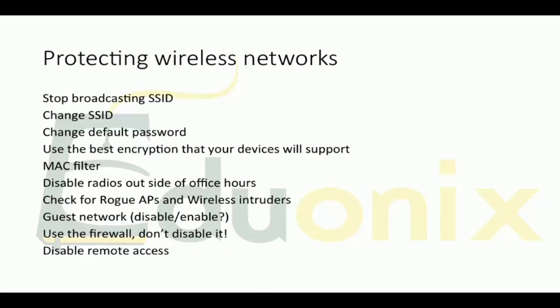Use the firewall, don't disable it. Some people think that client-side firewalls are the best, which they are. They're very good. They're definitely the best kind of application-level firewall that you can get. However, the firewall on your router is important to stop attacks from external sources. They are usually quite good. They shouldn't have any degradation in performance.